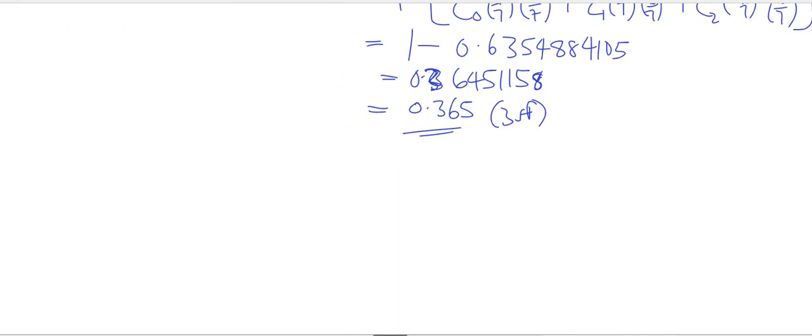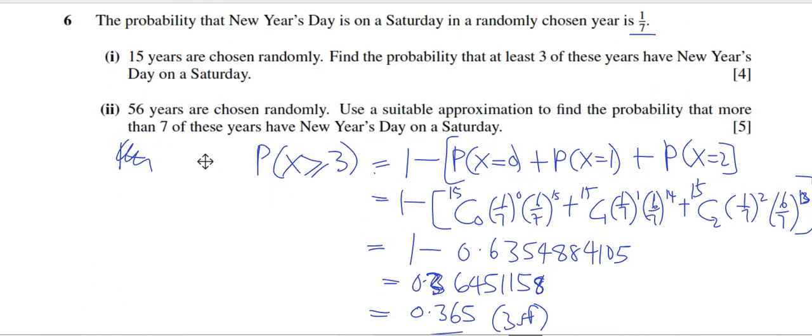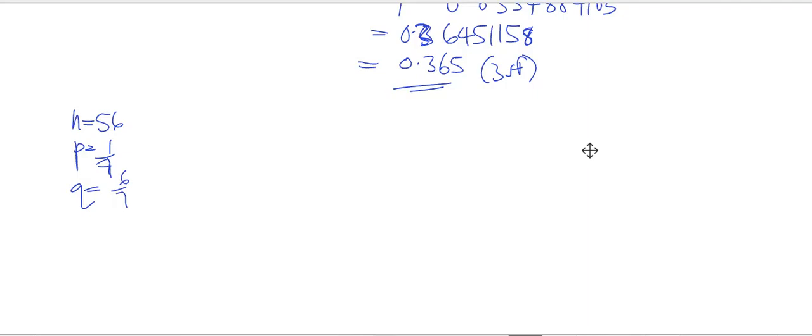Let's find that. n equals 56, p equals 1 over 7, q equals 6 over 7. And mu equals np, so 56 times 1 over 7.